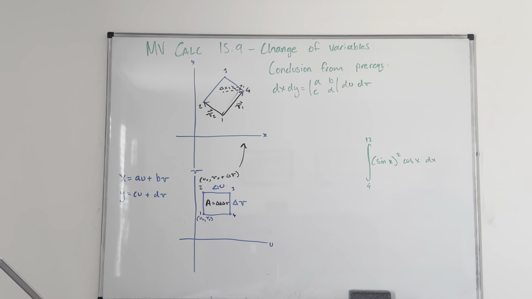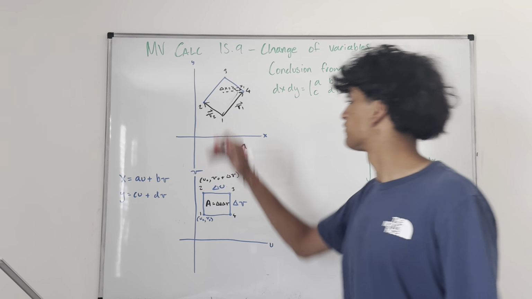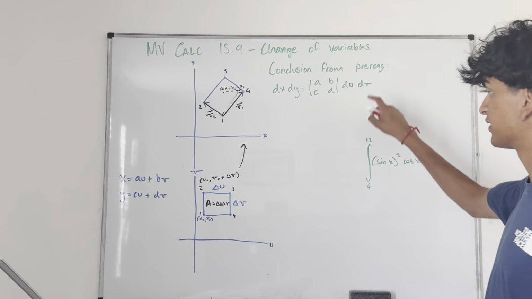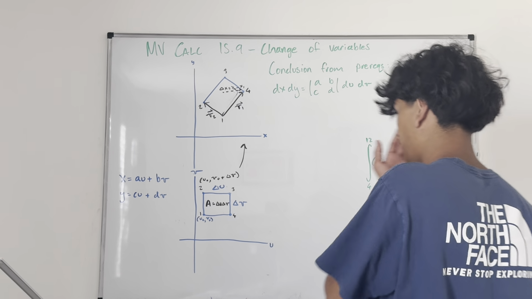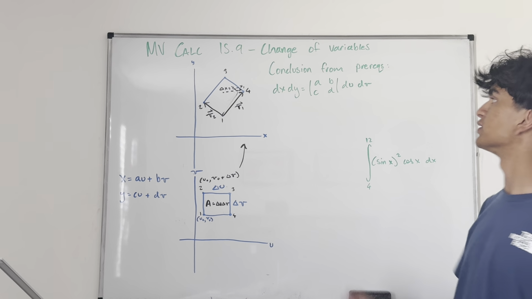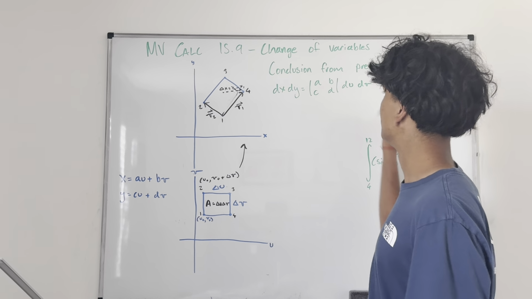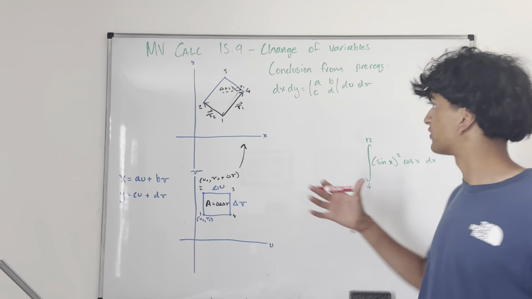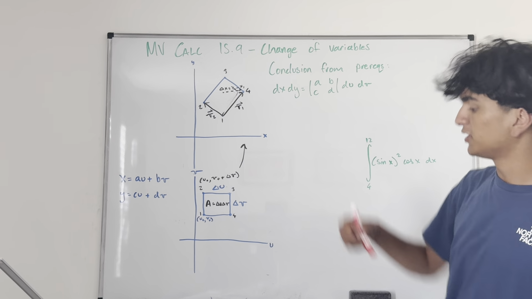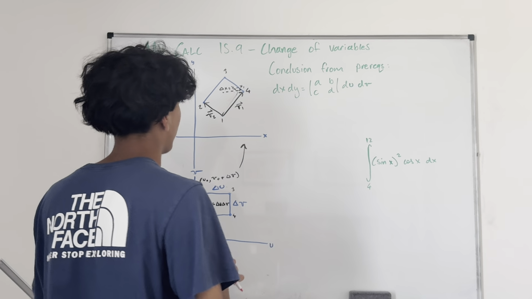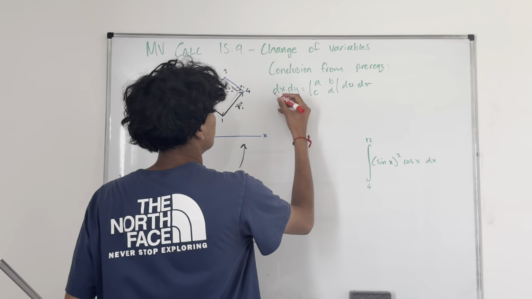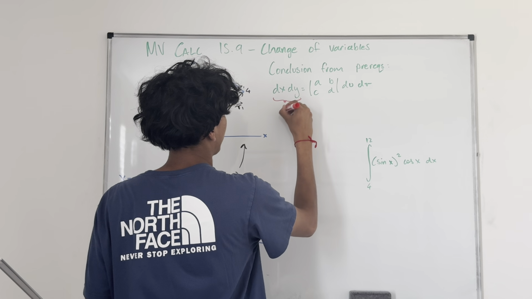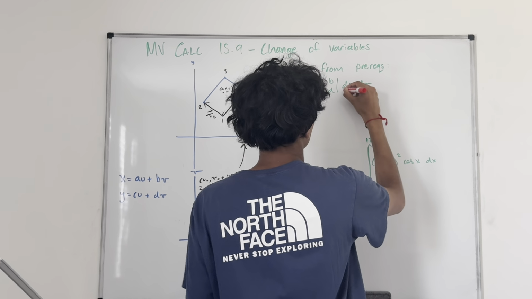Hey, so the conclusion from our prereq video on Jacobians was that the area of the xy parallelogram is just equal to the area of the UV rectangle multiplied by this determinant, which would simplify to AD minus BC. And if you think about it, when you scale this, that just means every dA element in the xy plane is equal to the dA elements.